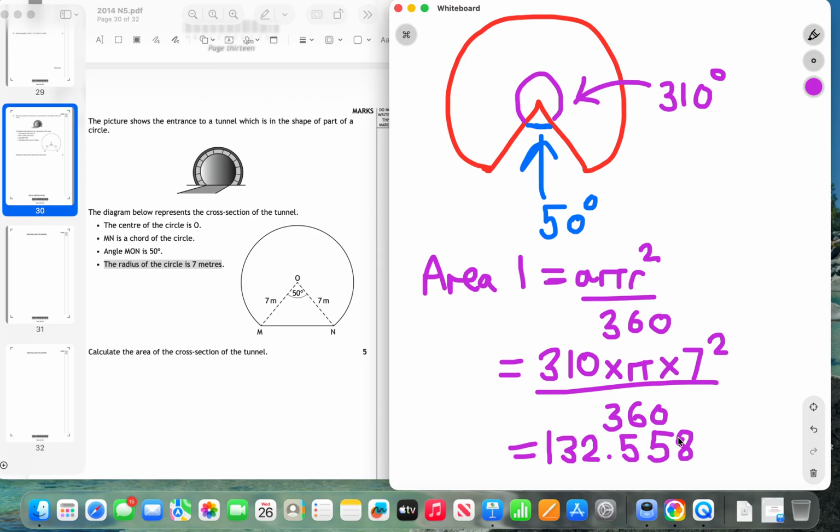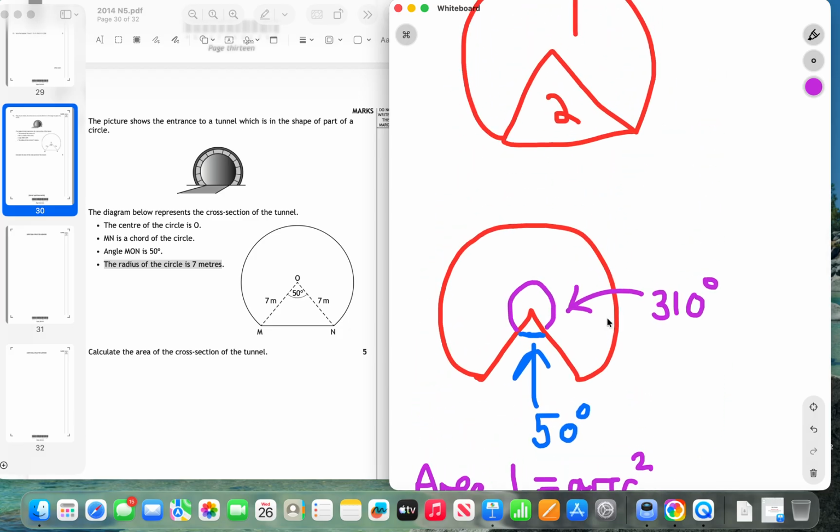What that means is, for example, if I put 133 at the minute and I rounded it, that's rounding too early. You need to keep all of the decimal places, or at least 3 decimal places we're going to keep. And I will show you at the end why that's an issue. It will affect the final answer. So our units in the question are meters. So the area is in square meters. So that's meters squared. So that is the area of the sector.